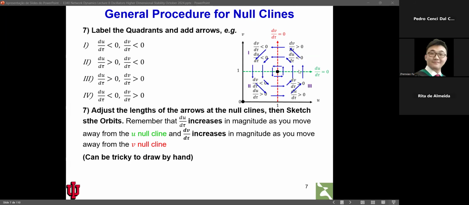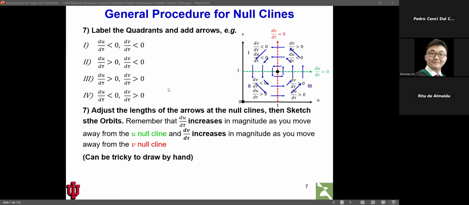Then you have quadrants, because you are in a two-dimensional system. For each fixed point, you have two lines that cross, the V nullcline and the U nullcline. Then you have four regions, and you can write the conditions, if they are greater or lower than 0.